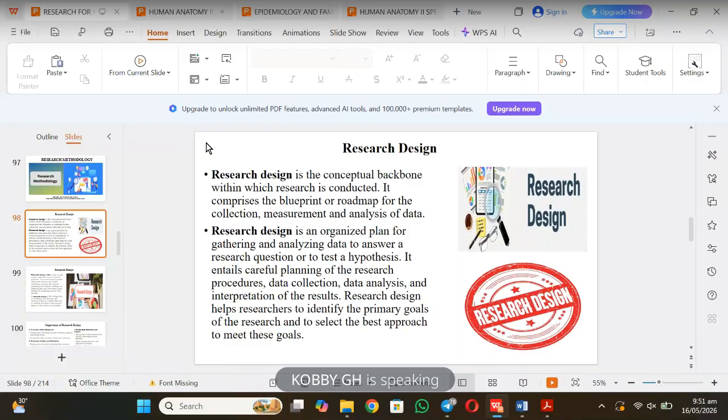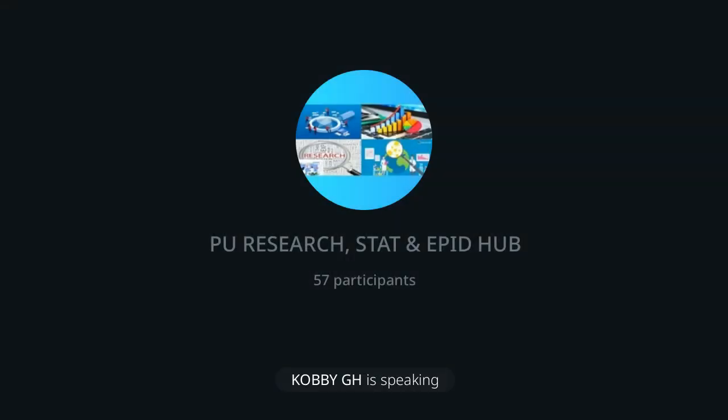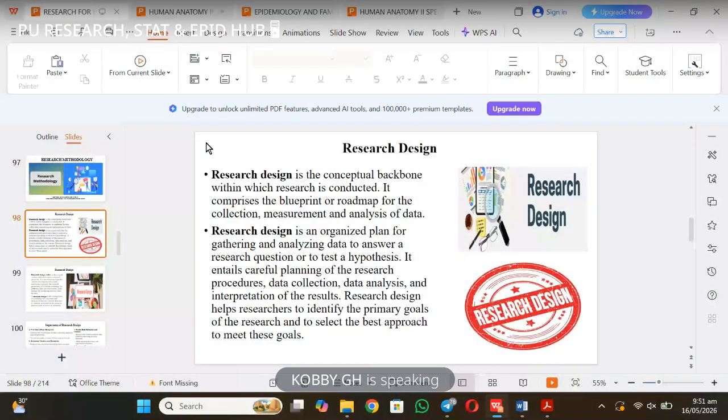Let's say we are doing the study in 2026. Then we ask them, in 2023, did you ever smoke? Did you ever travel to a place where tuberculosis was common? Did you ever travel to this region? Did you ever travel to any country? Some of them may forget certain things. They may not be able to recall the information. It's retrospective because you are asking them questions about their past.